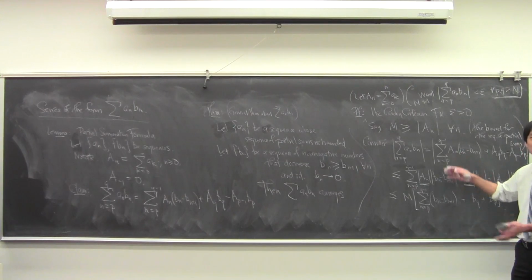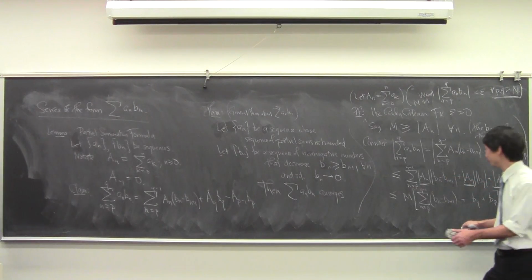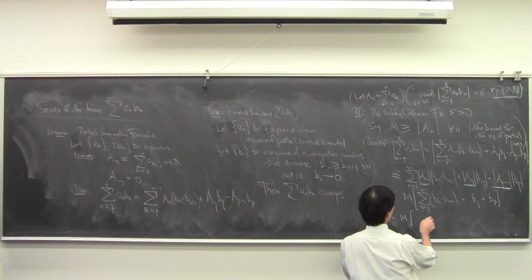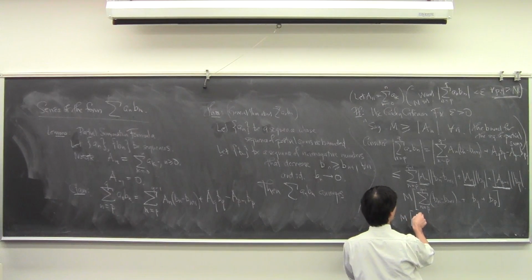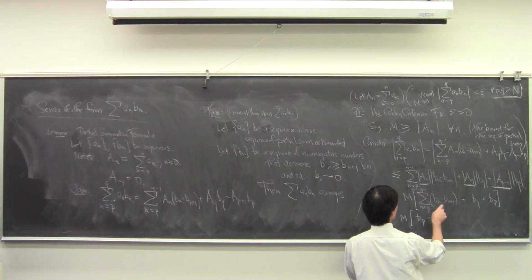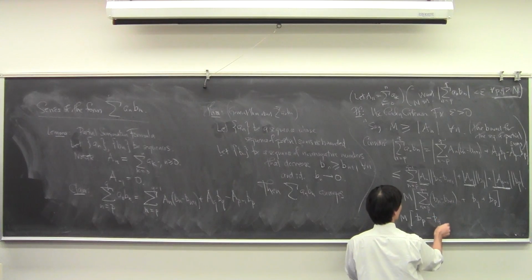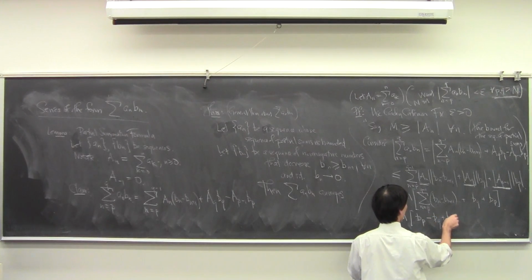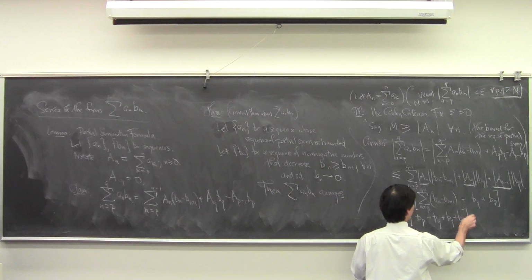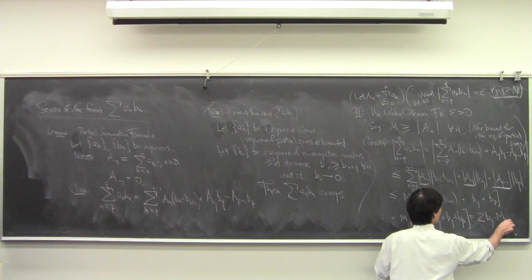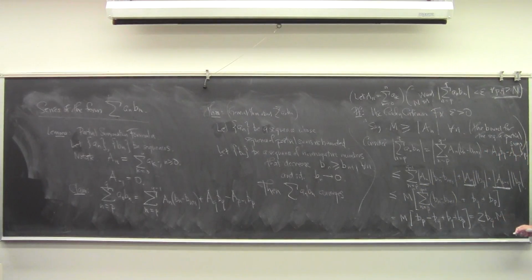So you get a telescoping sequence, so you get m times the first term, b sub p, minus the last term, which is b sub q minus 1 plus 1, so that's b sub q. And so we end up with 2 b sub p times m.